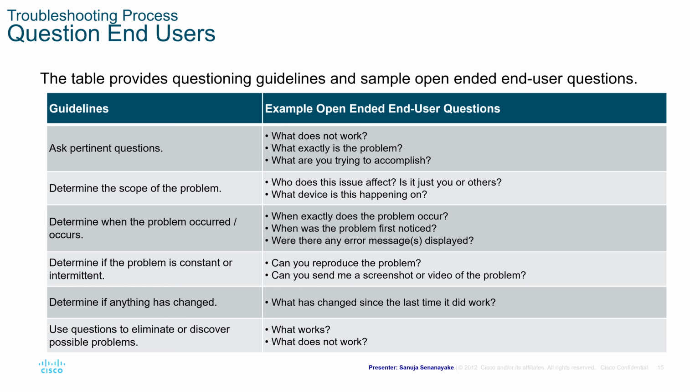Determine if anything has changed. You can ask questions like, what has changed since the last time it did work? This question can be asked of your end users as well as your network technicians, network engineers, and people who are managing your network or systems.